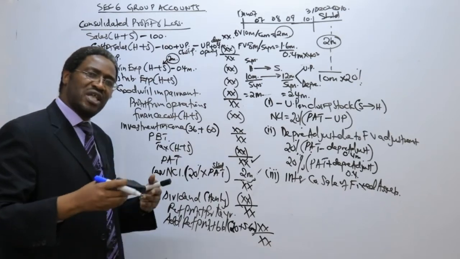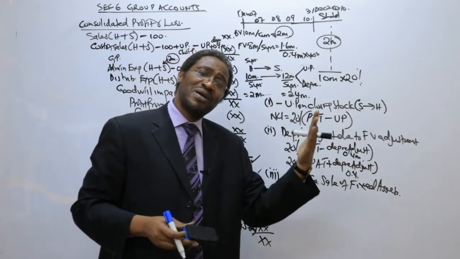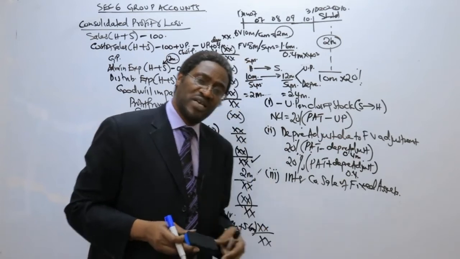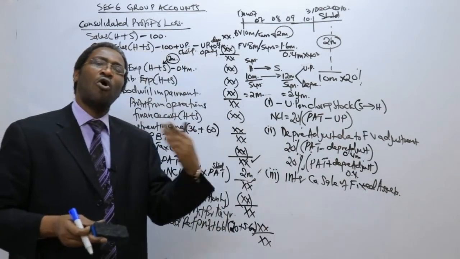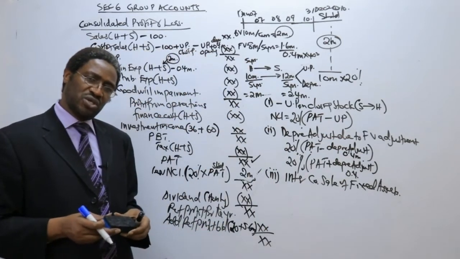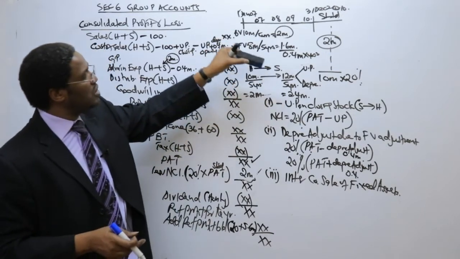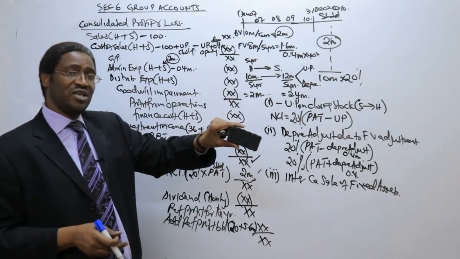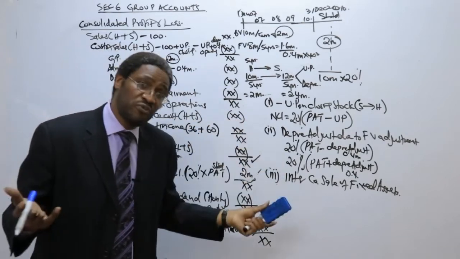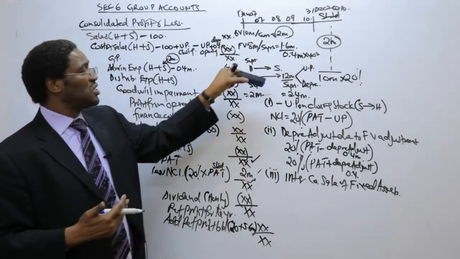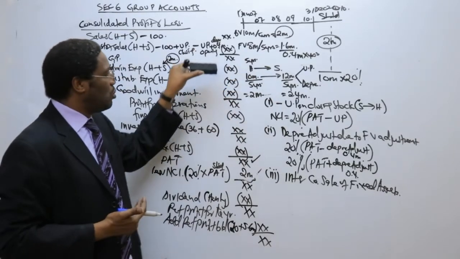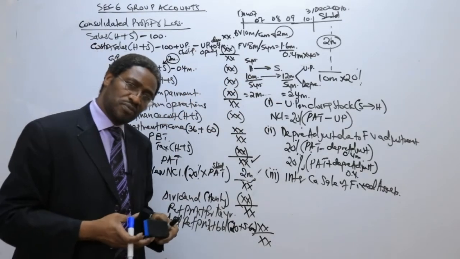So the subsidiary company has been over providing depreciation. Every year they were charging 2.4 million because to them the machine had a value of 12 million. That's okay for them, but they were charging 2.4 million instead of 2 million.